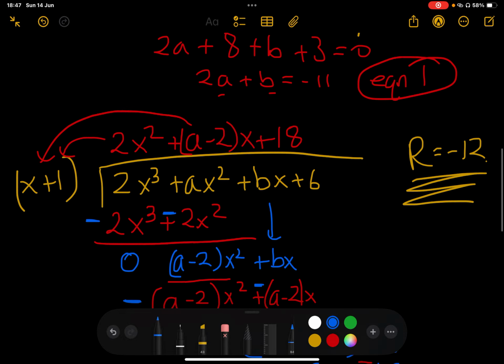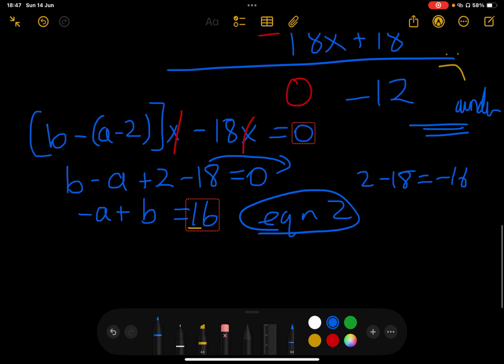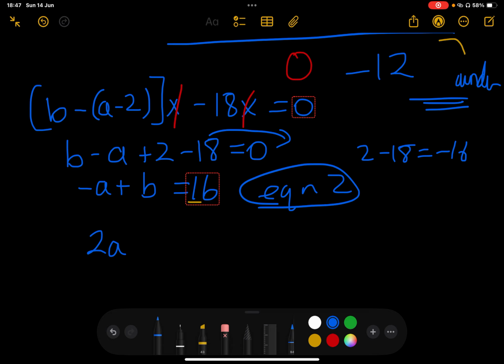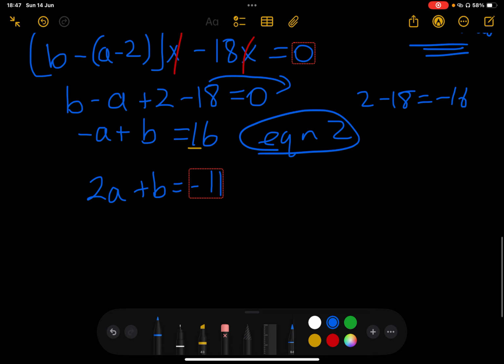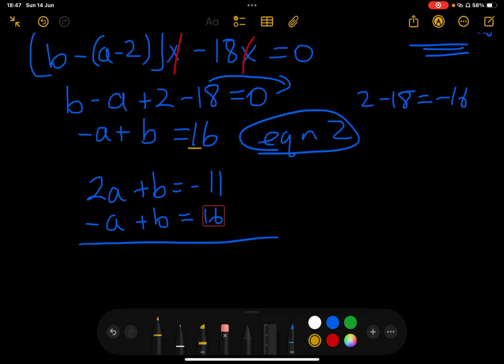And our first equation is 2a plus b is minus 11. So we have 2a plus b equals minus 11. Okay, so we have, let's write these here. So here it's pretty easy. We can just put a minus across this, and it will help us to get this.